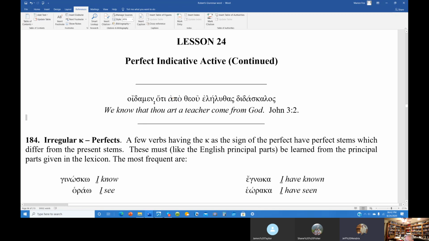We know. What do we know? You're a teacher that has come from God. Now right here, this is also a form that we have down here. Can you remember what word this is?